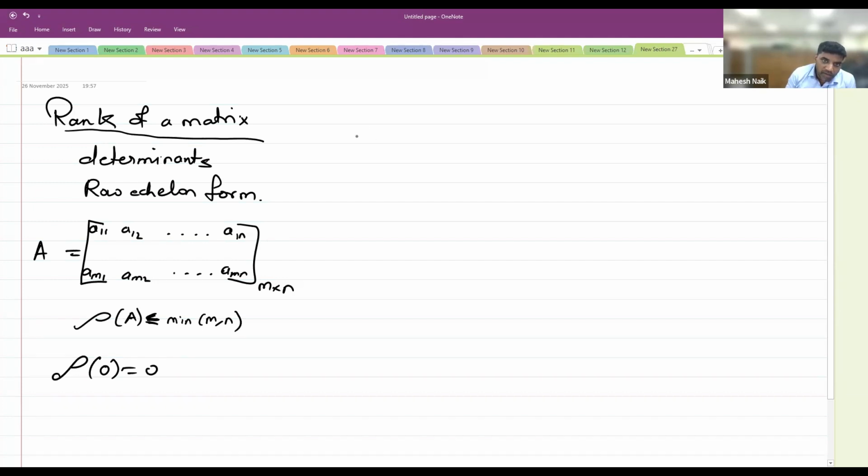So in another form, we can define that rank is the order of the largest square matrix having non-zero determinant.